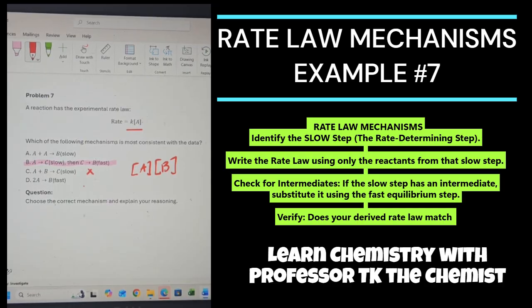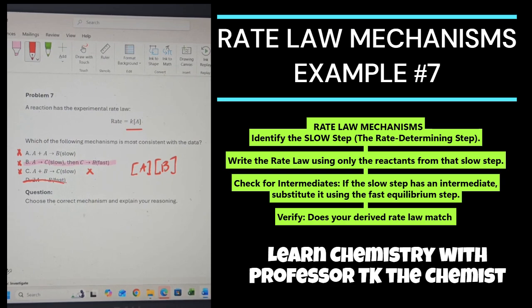And then letter D is also wrong because, remember, the fast step cannot control the rate law. The rate law is based on the slow step. So you could have chosen between A, B, and C because letter D says fast step.